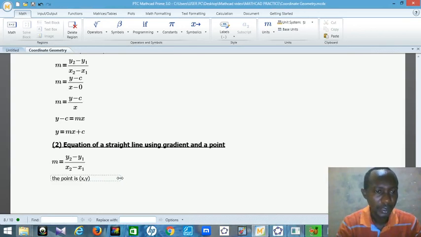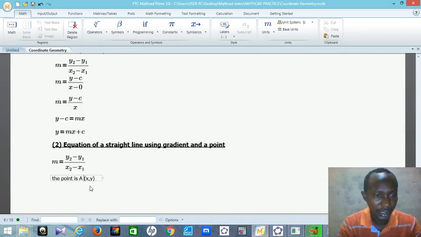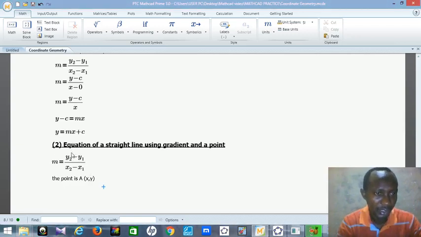Let's say the point is A, and it has coordinates x comma y. So a point is given and you know the gradient, and this is the formula we use in calculating gradient. So how do we get the equation of the line?